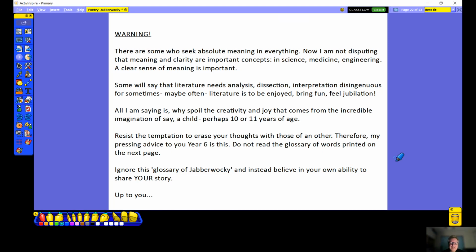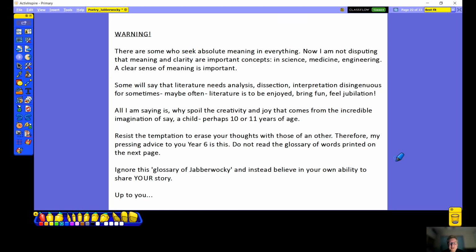So all I'm saying is, why spoil the creativity and joy that comes from the incredible imagination of, say, a child, perhaps a 10-year-old or 11-year-old child, maybe like yourself. So resist the temptation to erase your thoughts with those of another.